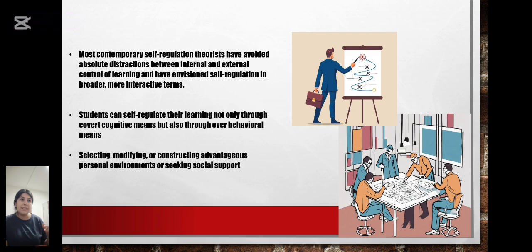Then students can self-regulate their learning not only through covert cognitive means, but also through other behavioral means, such as selecting, modifying, or constructing advantageous personal environments or seeking social support. You are the person who creates your own environment. So it's your choice to make it good or bad.